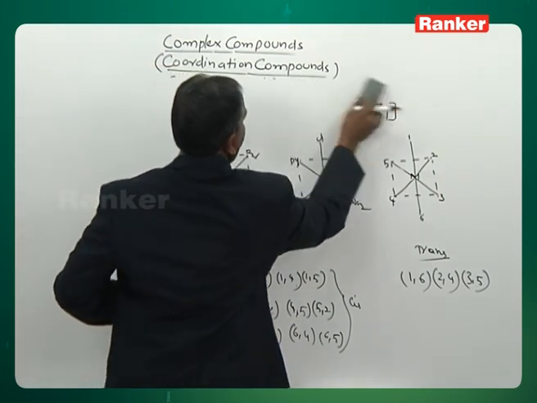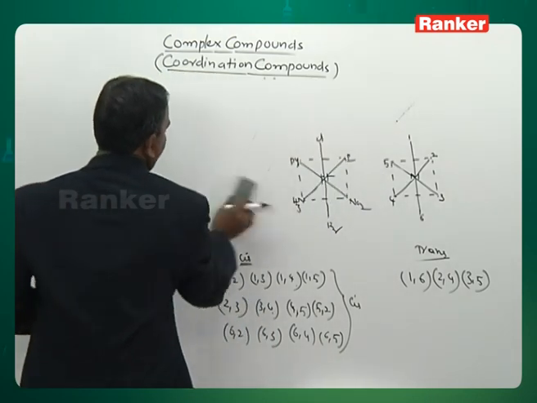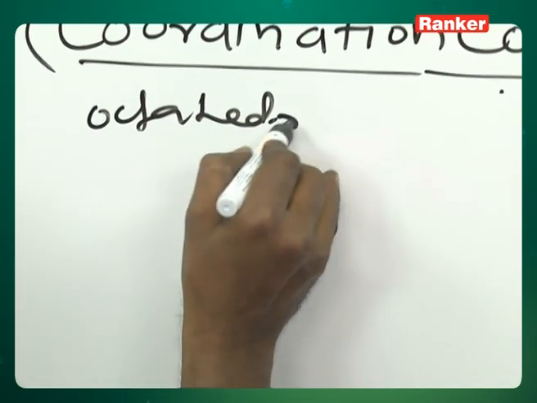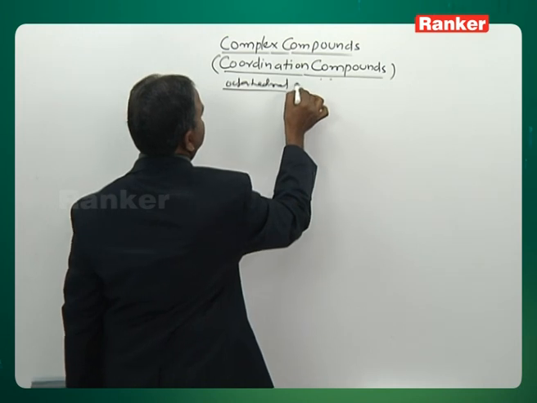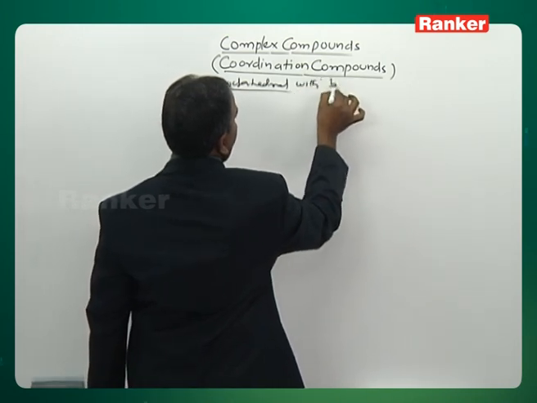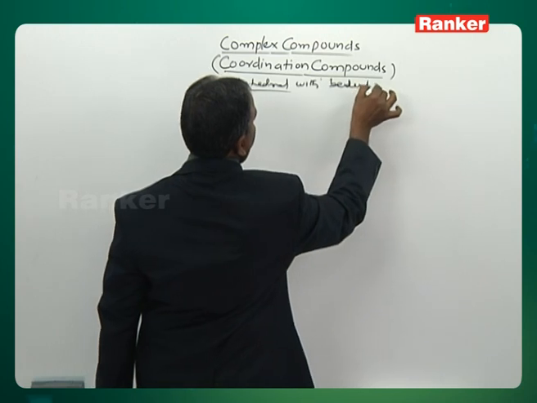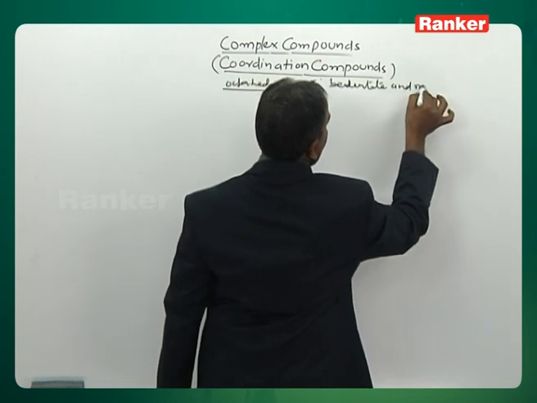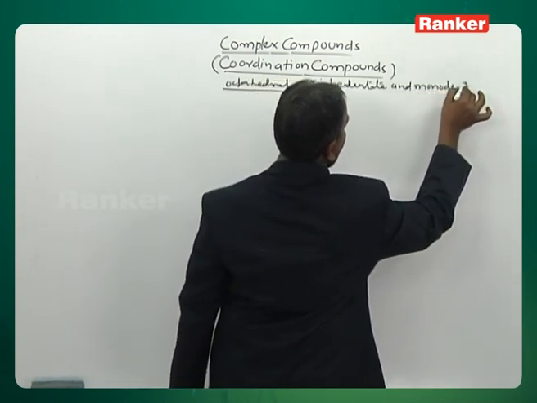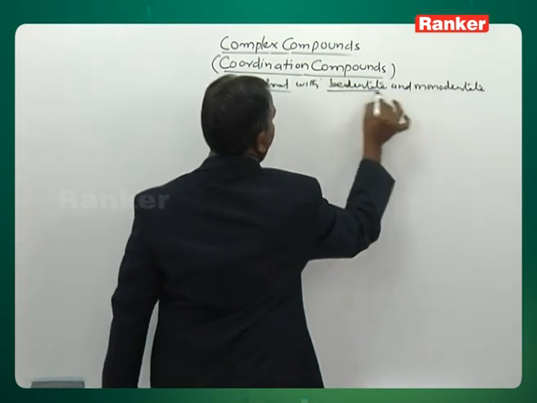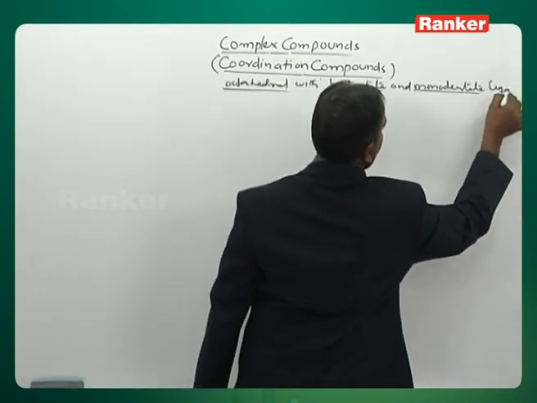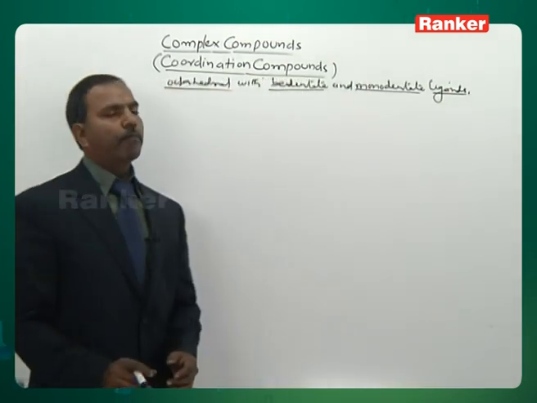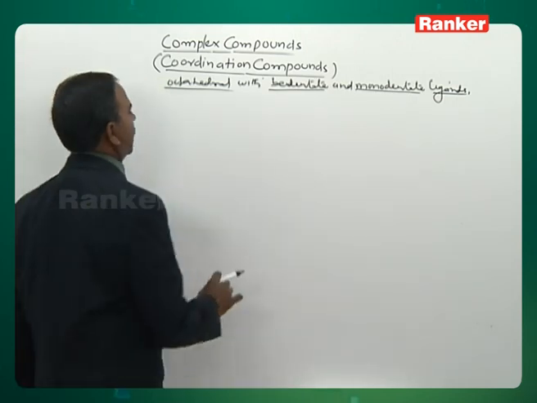Now octahedral geometry with bidentate and monodentate ligands. Let us see the types under this.